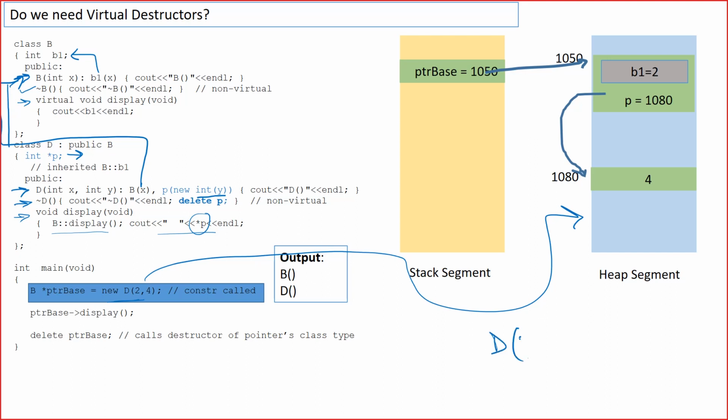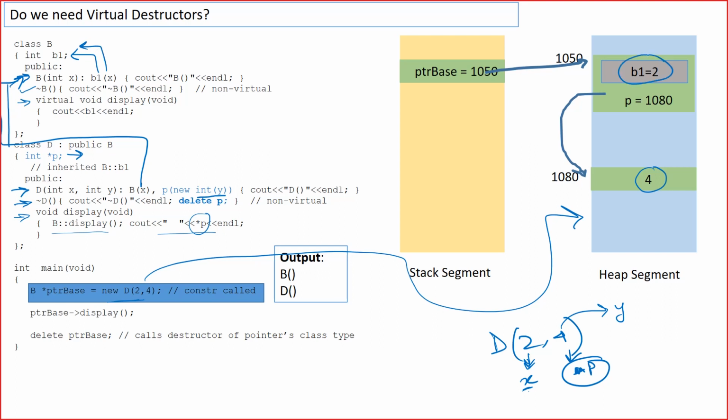D 2, 4: this 2 means this is x, and this will be the value at pointer P. Pointer P is creating a new variable y, which stores value 4 here. This is y. And this B1, we are passing 2 to B1, that is x to B1, so it gets initialized to 2.